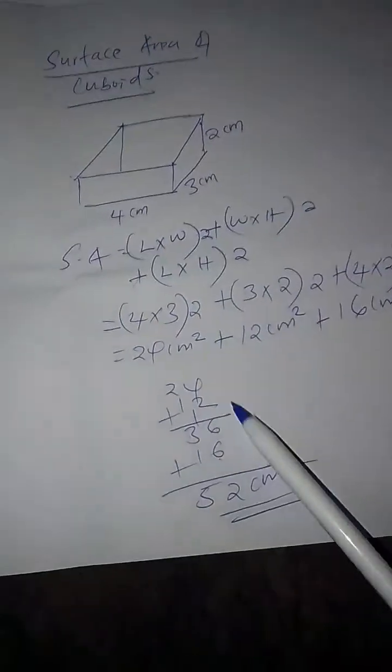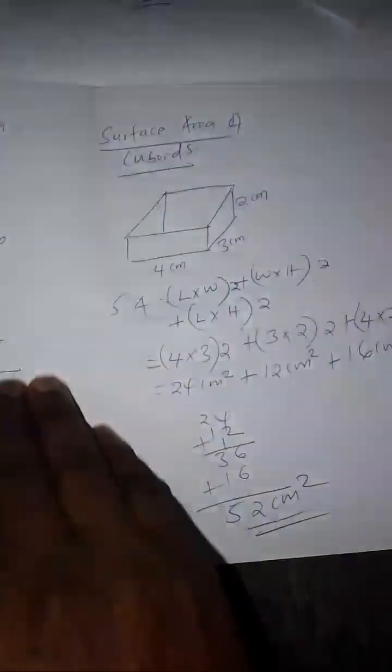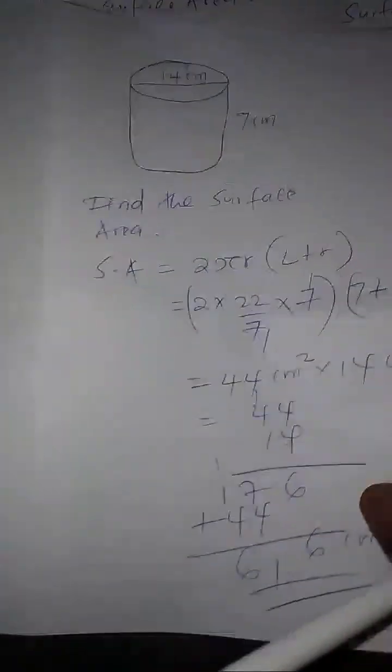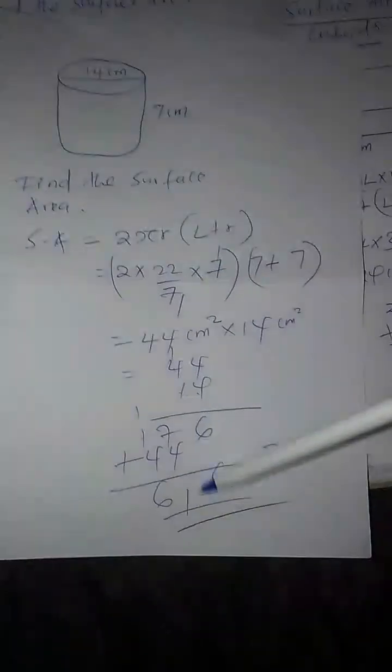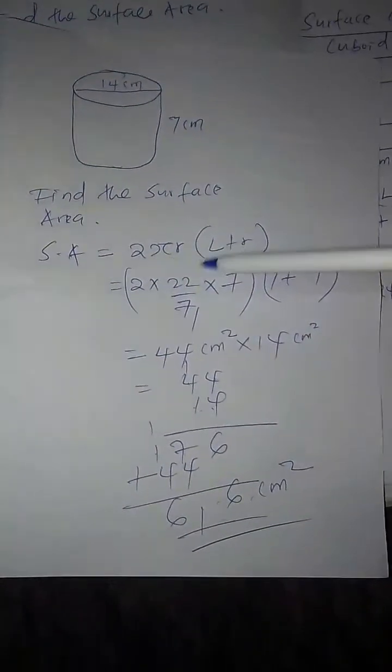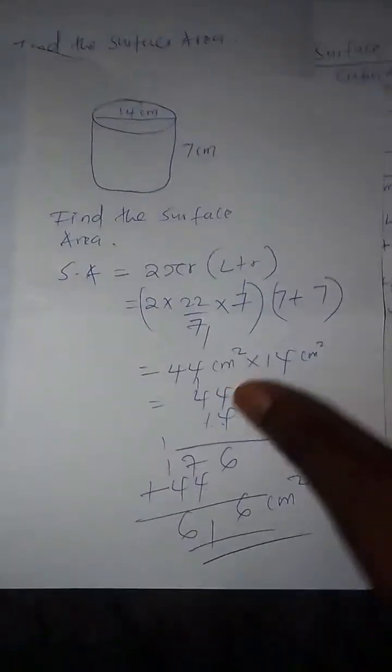And this other one is how we find the surface area of a cylinder. It is 2 pi r into bracket length plus r.